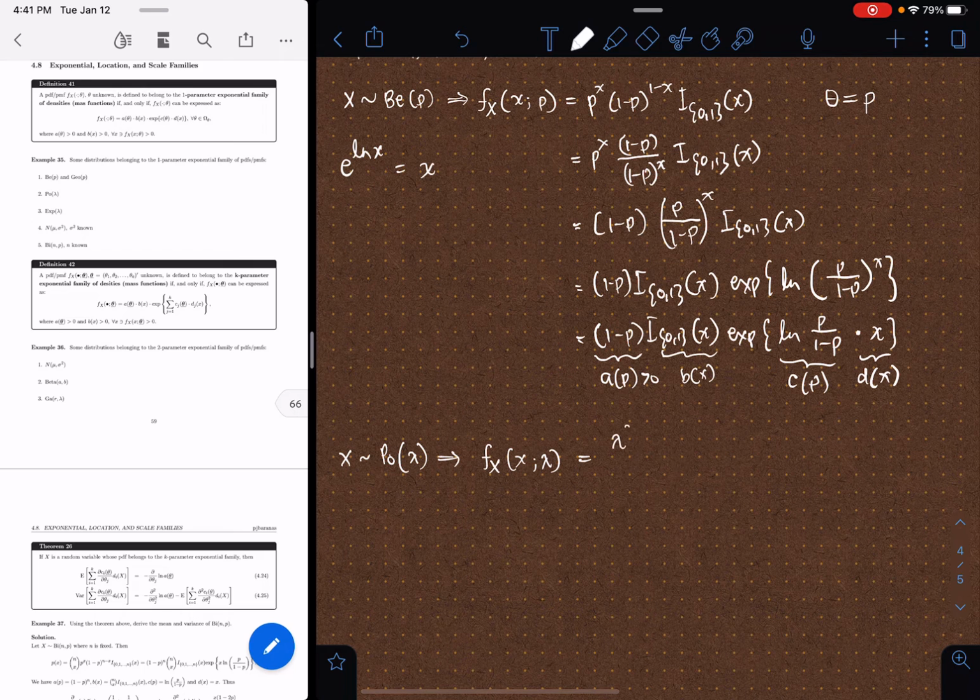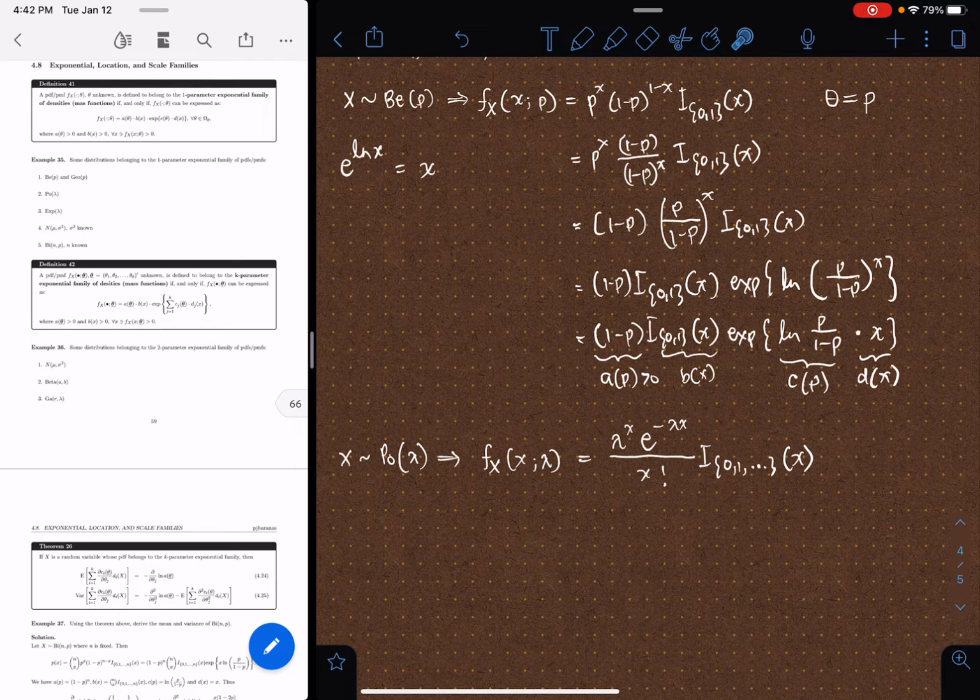It's lambda to the x times e to the minus lambda x all over x factorial times the indicator function. Okay. So dito meron tayong exponential function involved in the mass function, so pwedeng hindi na natin gamitin tong e to the ln x.